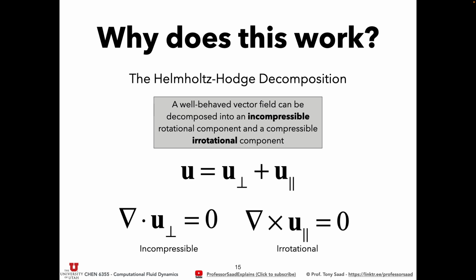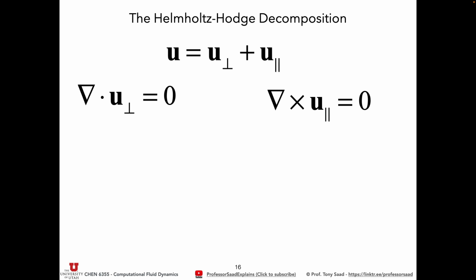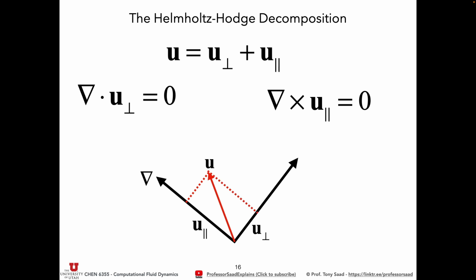So let's see how this relates to Navier-Stokes. If you treat nabla as a vector, then what this theorem is saying is that any vector u can be decomposed into two components. One component parallel to nabla and one component perpendicular to nabla. So this treats the nabla operator as a vector.